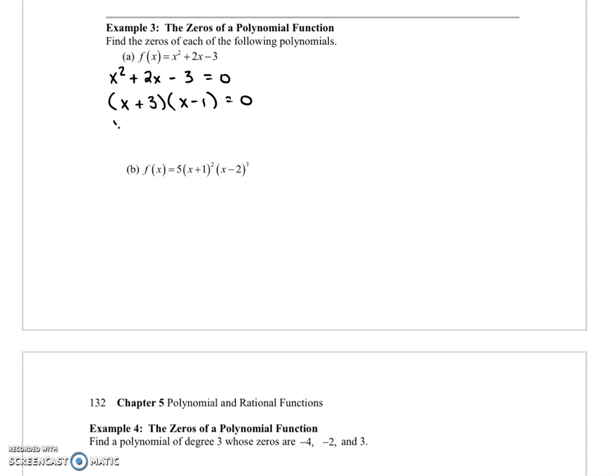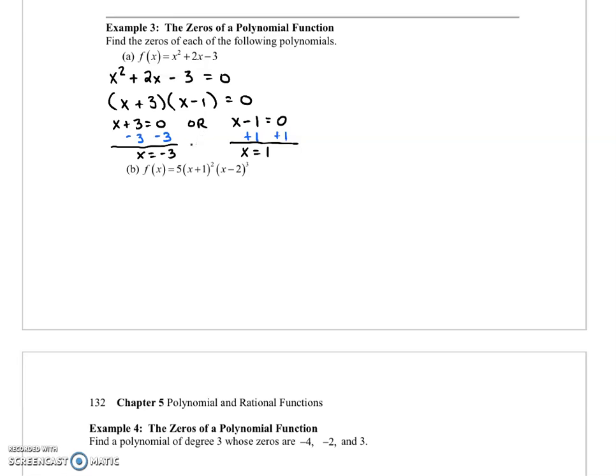So either x plus 3 equals 0 or x minus 1 equals 0. So we can subtract 3 on the first equation, add 1 to both sides on the second equation, and we get x equals negative 3 or x equals positive 1. So that's how it works when we have to factor ourselves.